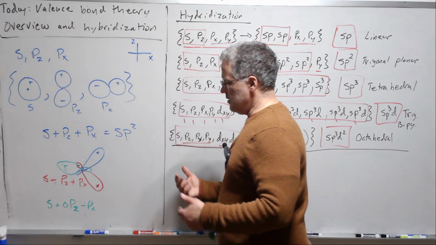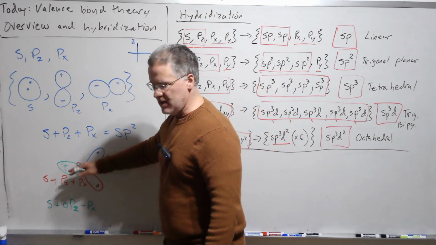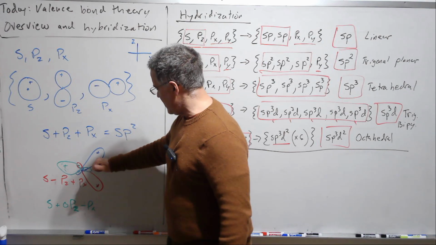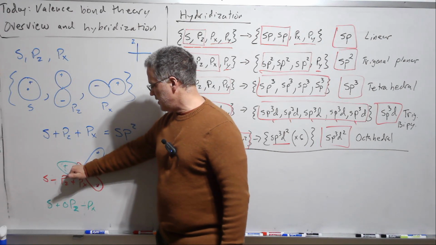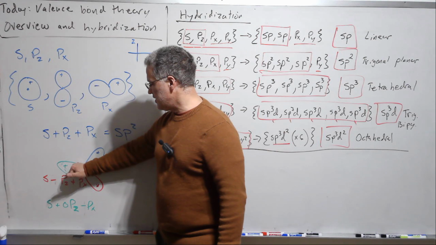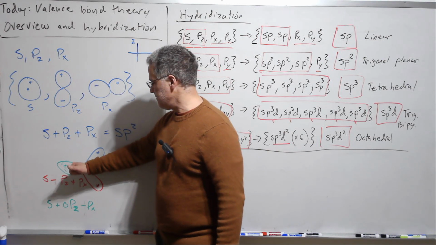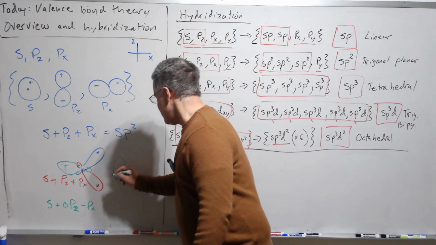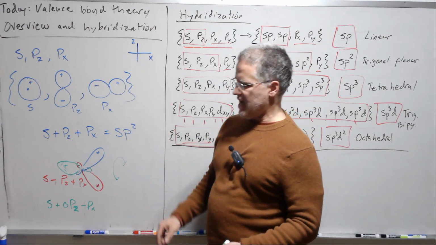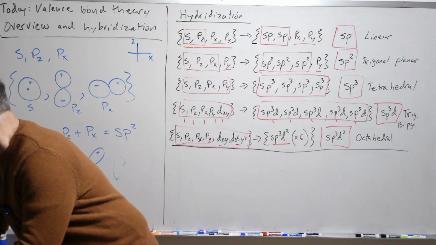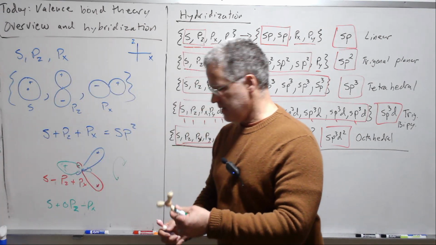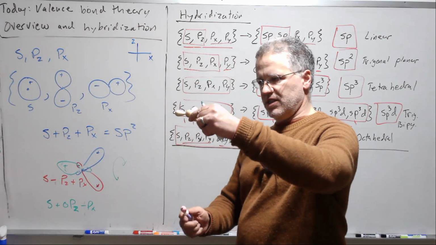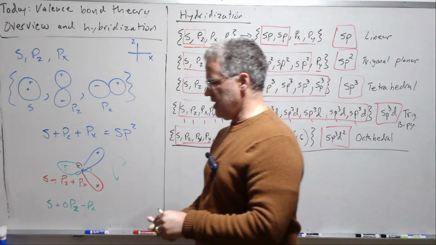All right, well, we've got P's now coming out. So that's going to be really hard to draw here, but we'll have one P coming out. So that's just going to be coming out like this and like that. So let me take this and turn it on its side. So here it is like this. I'm going to turn it this way, and then our P will be sticking up.